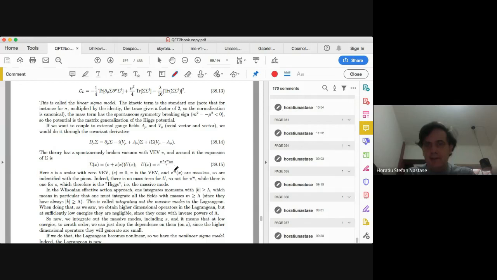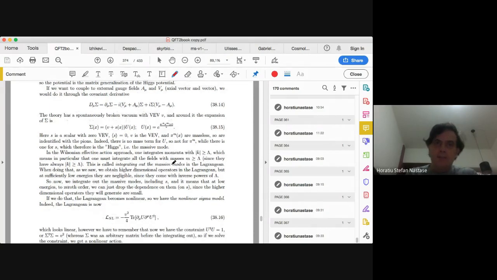So U of X, which is exponent of I tau A pi prime A divided by V. Because if I expand now for small pi prime A, I would get 1 plus I tau A pi prime A over V, but this is times V, so the small fluctuations around the vacuum are S of X and I tau A pi prime A. Okay, and the VEV of sigma is V, so that means that the VEV of S is 0.